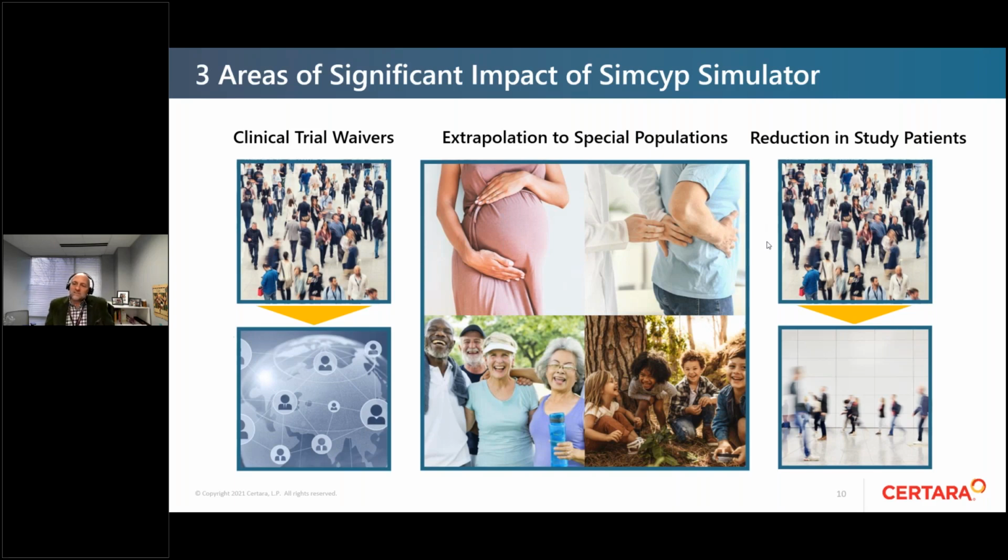And in instances where you cannot fully waive the trial, the simulator can be used to greatly reduce sample size, to streamline the overall size of the trial, which, as most people understand, will reduce both the cost and the timelines associated with it.